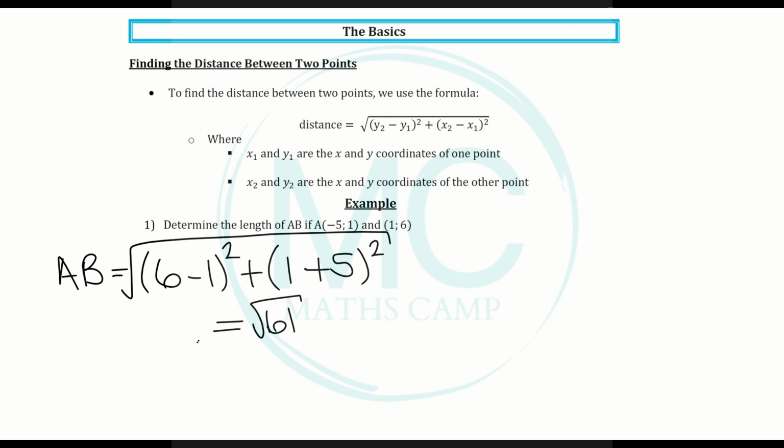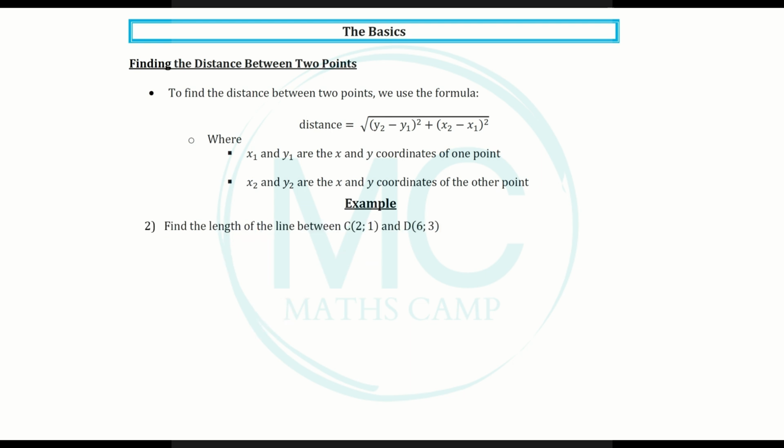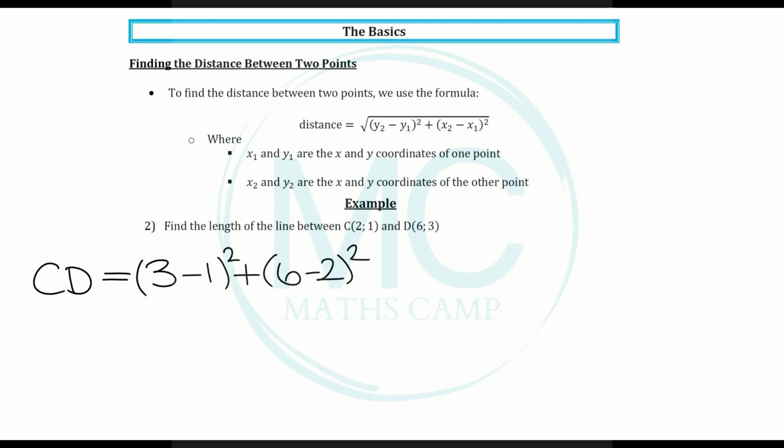Let's do another one. Find the length of the line between C (2, 1) and D (6, 3). So I can say CD is equal to, C is my first point and D is my second. So I can say 3 minus 1 in a bracket squared plus 6 minus 2 in a bracket squared, all under a square root.